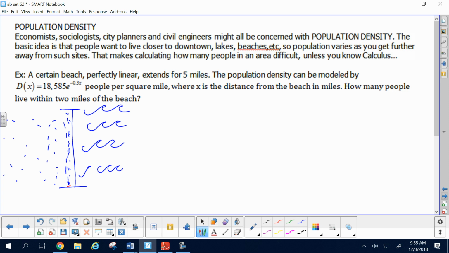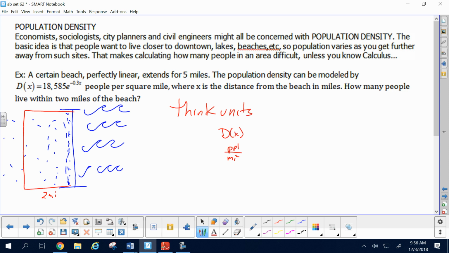Therefore, we're really trying to say how many people live in that area. Now, think, I beg you, think units. If I were to talk about the density, what are the units on density? People per square mile. All right? Now, we want to know how many people live in a certain area.